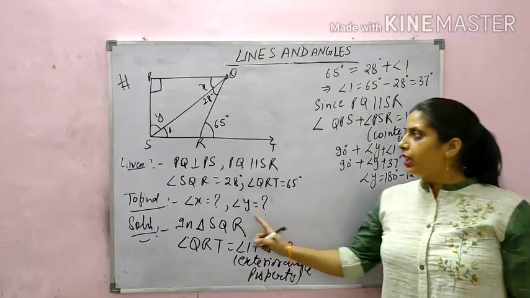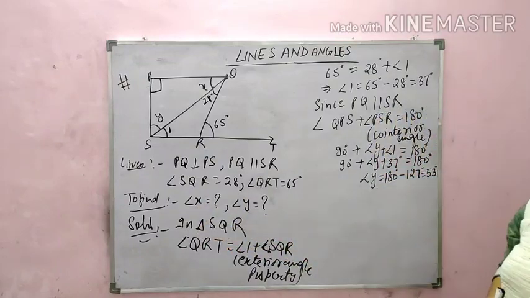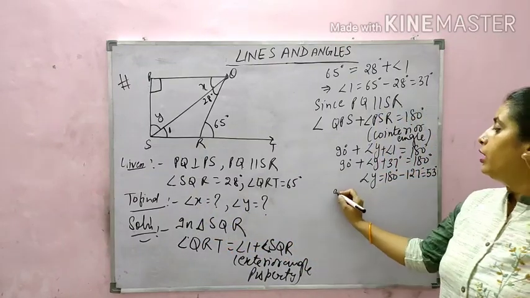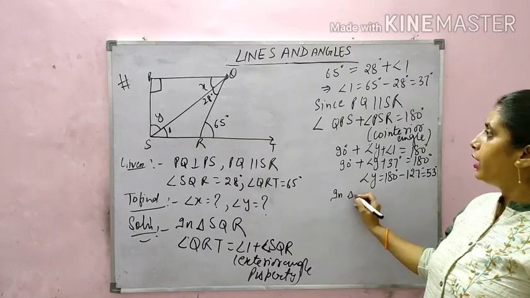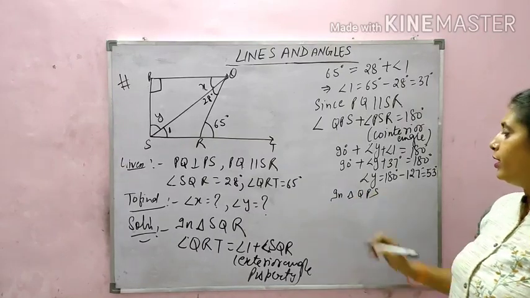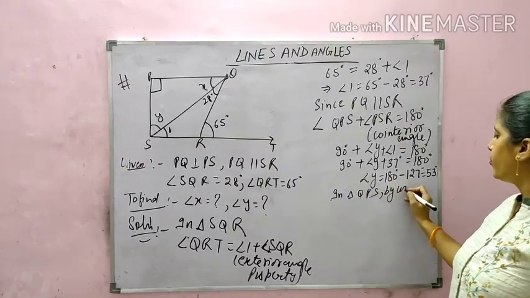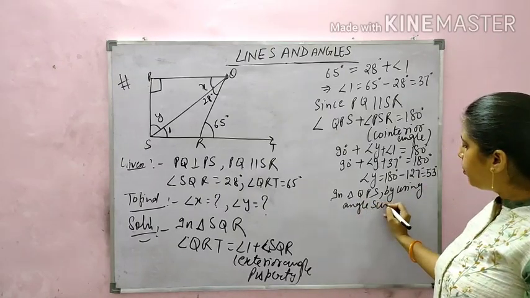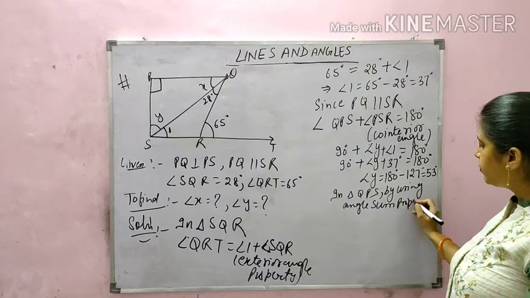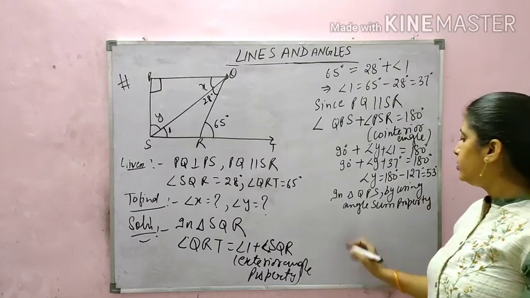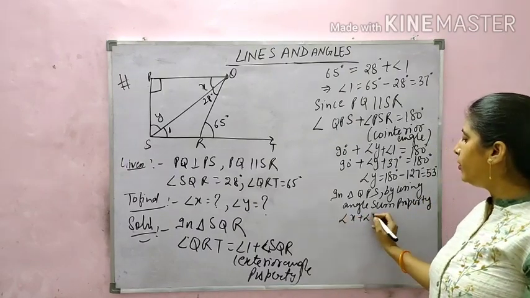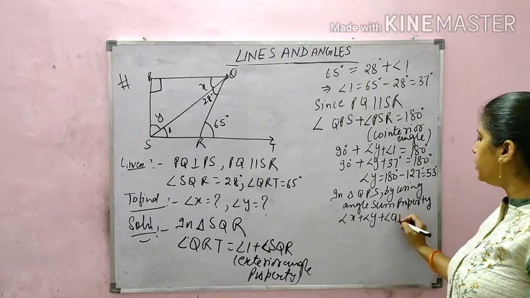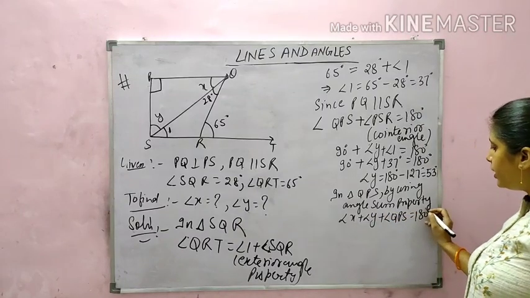Now we have to find out the value of angle X. Clear? Now consider triangle QPS, by using angle sum property. Angle X plus angle Y plus angle QPS equal to 180 degree.